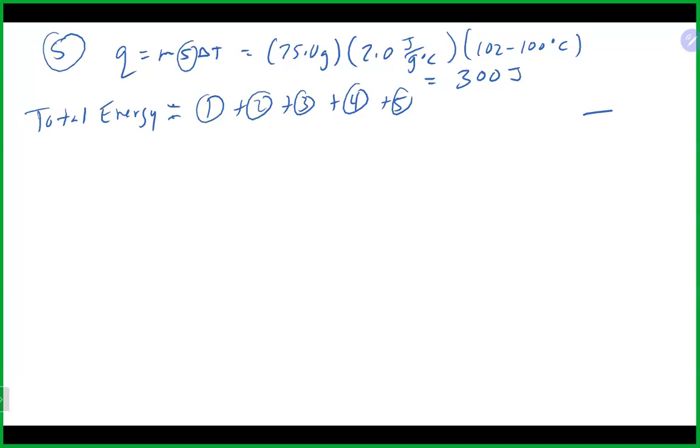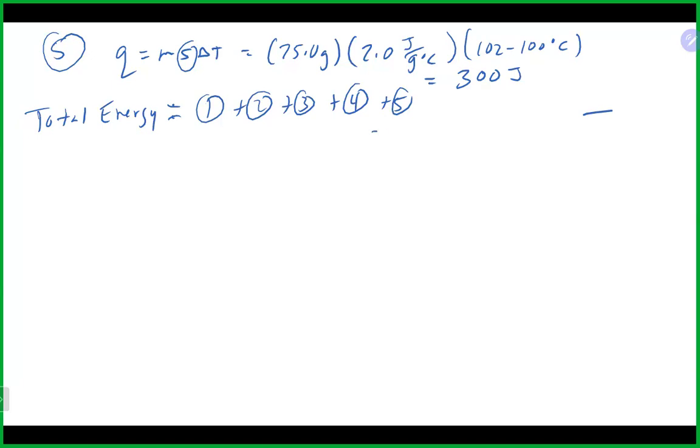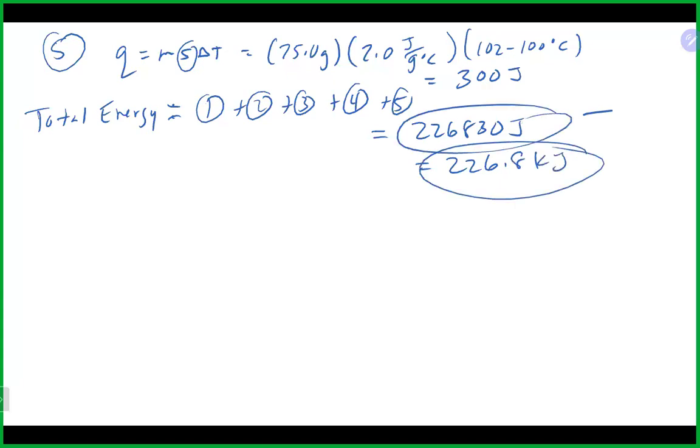We're going to take our 300 for step 5, our 169,500 for step 4, our 31,380 for step 3, our 25,125 for step 2, and our 525 for step 1. And that ends up being about 226,830 joules, or if you want kilojoules, divided by 1,000, about 226.8 kilojoules of energy is necessary to do that transition. First off, any questions on that?